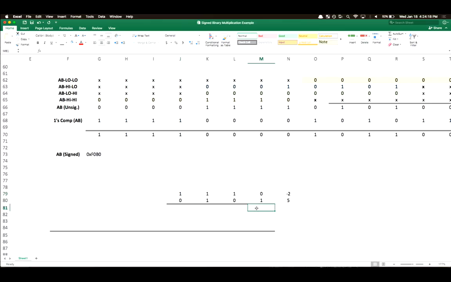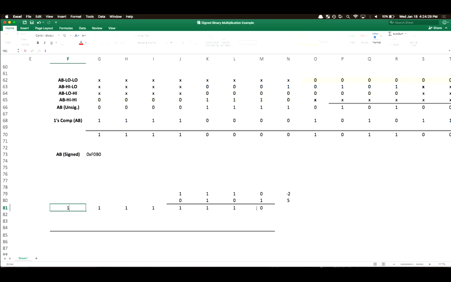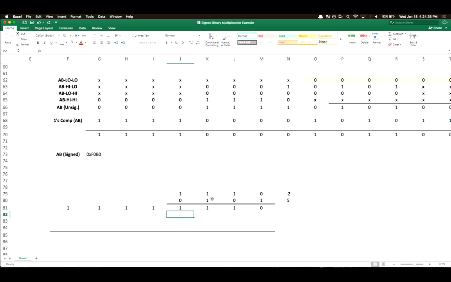I have to sign extend to fill out a whole byte, so 1, 1, 1, 1. That's the sign extension step that he was talking about earlier. When you move on to this byte, since it's a 0, you're just going to write all zeros, and you don't have to do sign extension on 0 because that wouldn't make sense. You shift over 1 like you usually do, and then write out all zeros and fill out the byte.